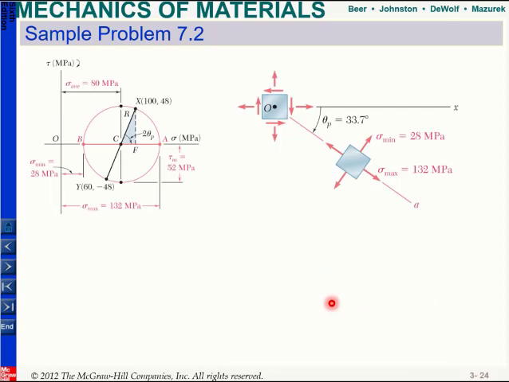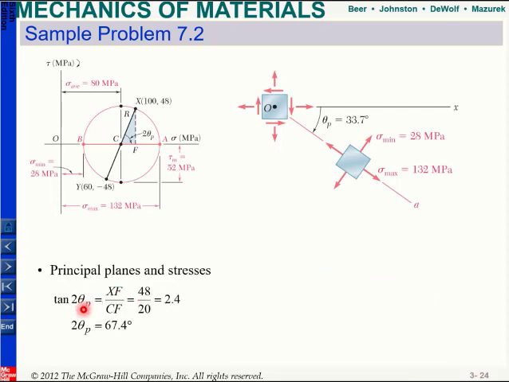If you calculate it, tangent 2 theta P is equal to XF divided by CF, which is equal to 48 divided by 20, which is equal to 2.4. So from there, 2 theta P is equal to 67.4. And if you divide by 2, you will get 33.7, and it's clockwise. So I need to rotate my element clockwise by 33.7 degrees to reach this principal plane.